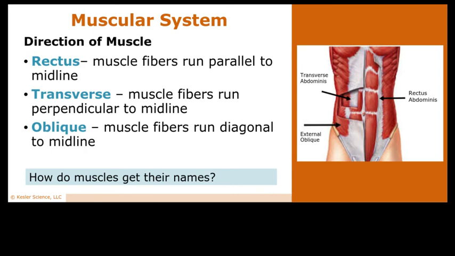Rectus runs top to bottom or head to toe. Oblique muscles run diagonal to the midline, so they would be making X's if they were to continue on. That's also why we call them the obliques in your abdomen. When people say, "I'm working on my obliques," that's talking about that particular muscle group.